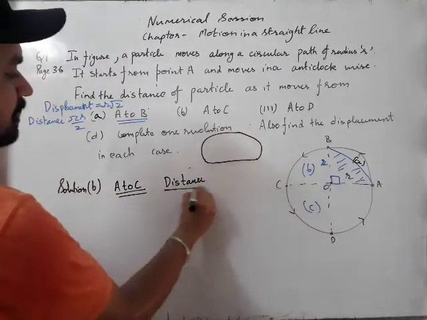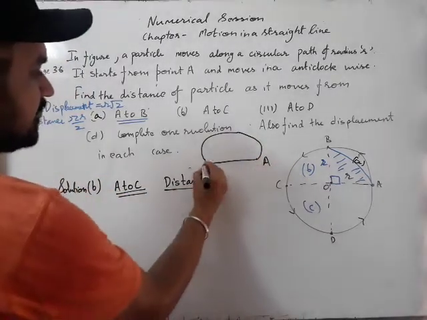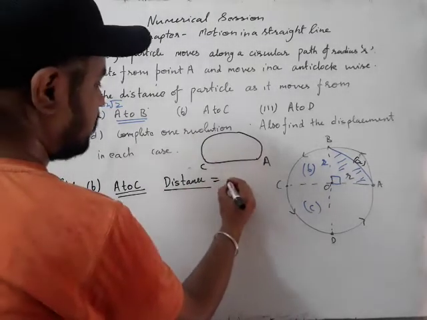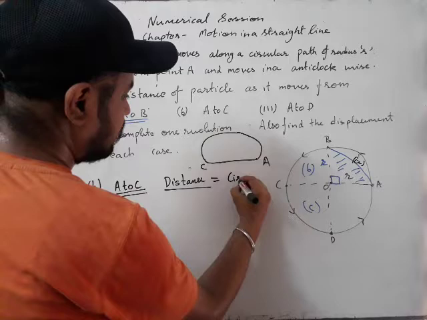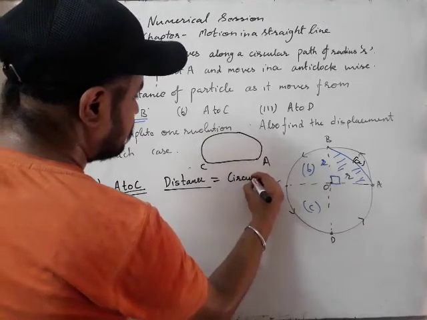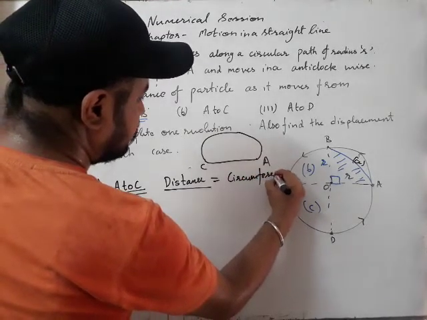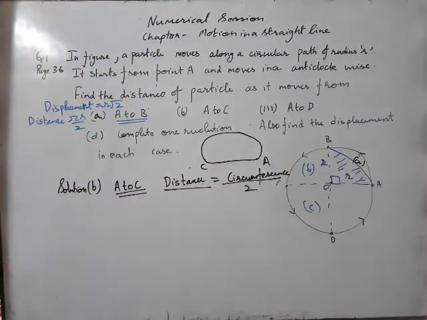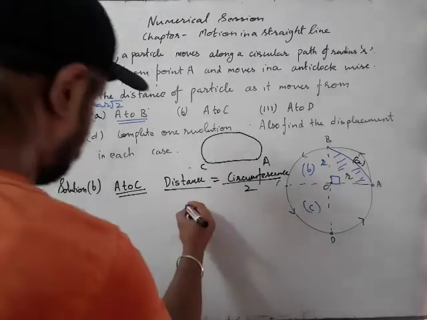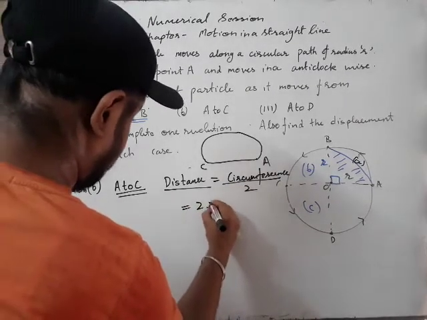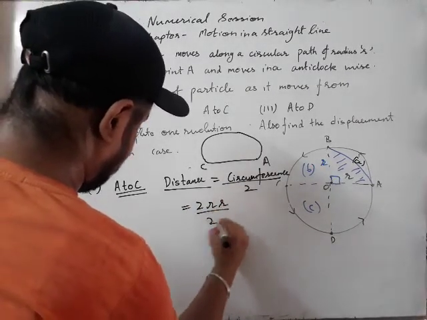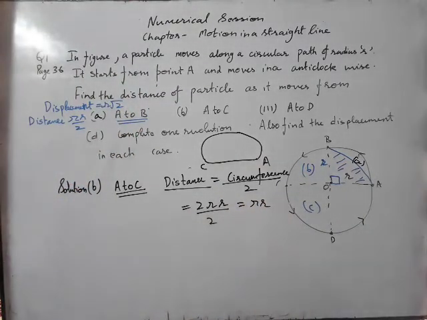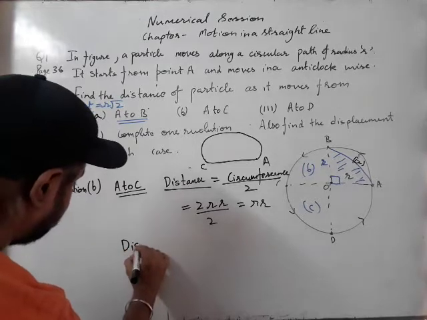For the semicircle A to C, the path length will be the circumference of the whole circle divided by 2. The circumference of the whole circle is 2 pi r, so for A to C, which forms half a circle, it will be pi r. The answer for distance will be pi r. Next, we have to find displacement.